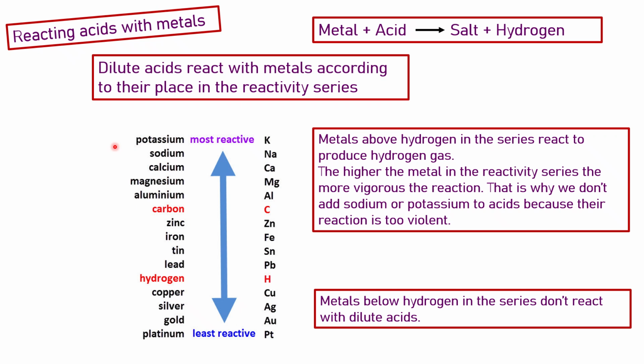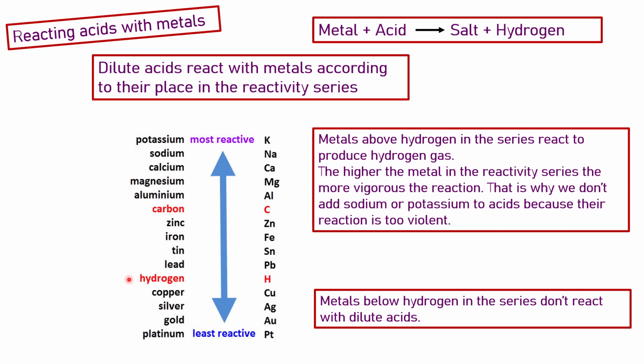So potassium is the most reactive metal, followed by sodium, and as we move downwards, the reactivity decreases. Calcium is less reactive than sodium, magnesium is less reactive than calcium, and so on.